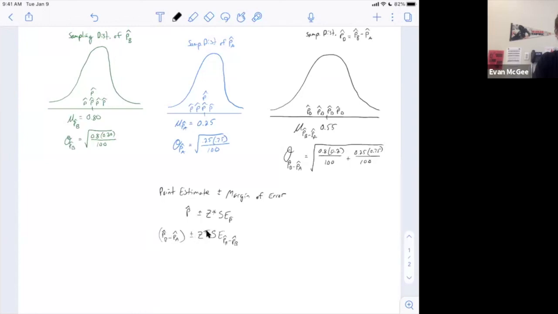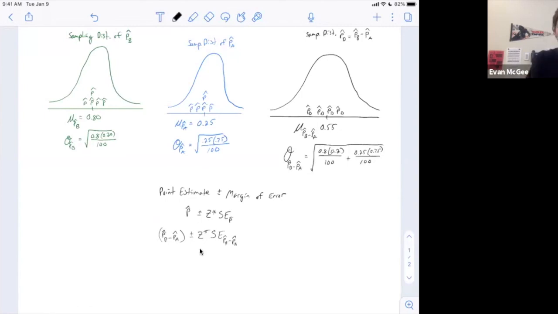It's still the same exact critical value, which is dependent on our level of confidence. Remember, if it's 95%, then we know it's going to be 1.96. And then our standard error, this is now this value right here. It's the standard deviation of the statistic of the difference between the two samples. But this should be an A, not a B here.